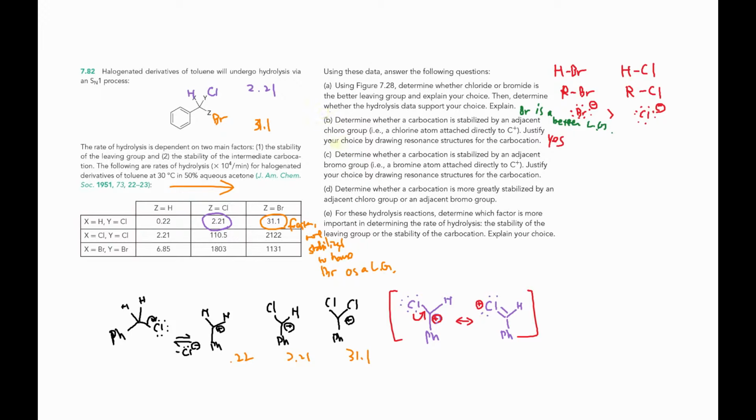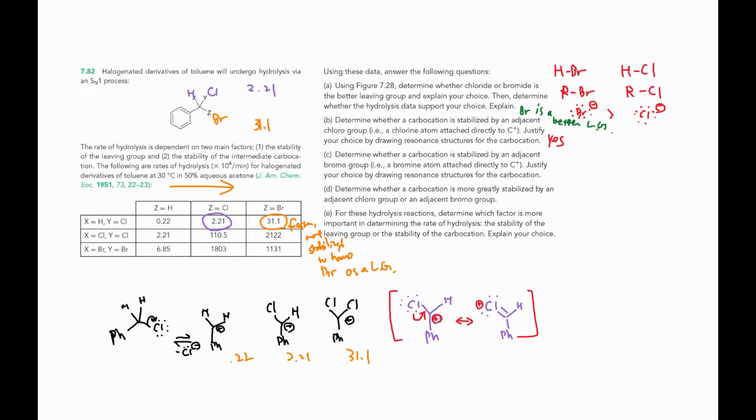So that answers part B, and part C: determine whether a carbocation is stabilized by an adjacent bromo group. Justify your choice by drawing resonance structures for the carbocation. It's the same question, except that we don't have the H, H, Br, just like we had 3 structures to compare earlier. We can only compare the 2 bromide and 3 bromide.